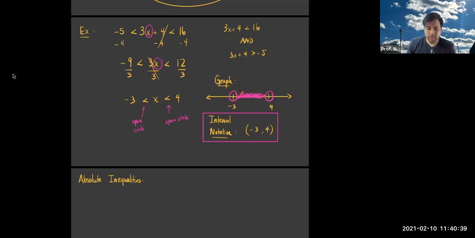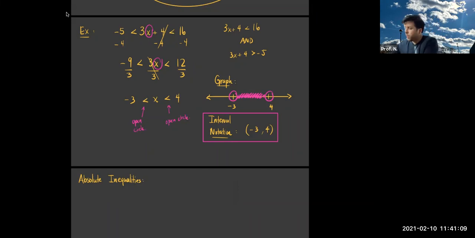So therefore, I shade in between, because you can think of the solution as anything between negative 3 and positive 4. So I'm shading everything between negative 3 and positive 4, but I am not including negative 3 or 4 because of these inequality symbols. Okay. I hope that clears it up.